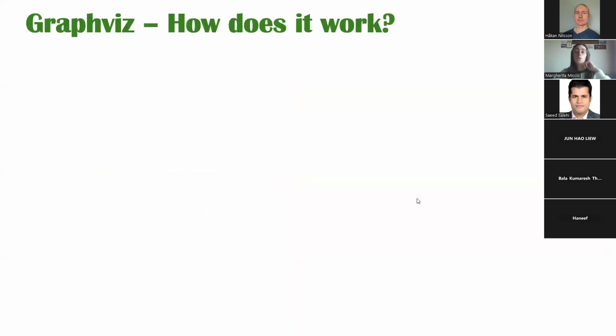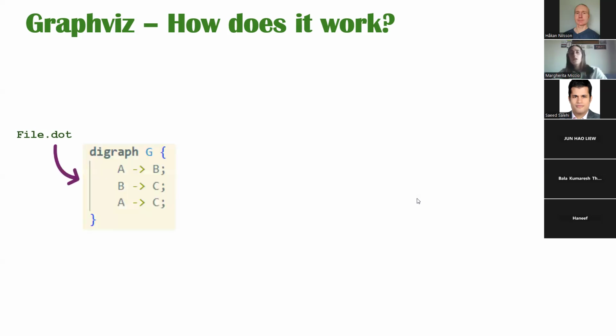So at this point, we need to understand how GraphViz works. We imagine starting with a file with a dot extension, because this is what GraphViz needs as an input, a dot file. Inside this file, we imagine writing just this small code.